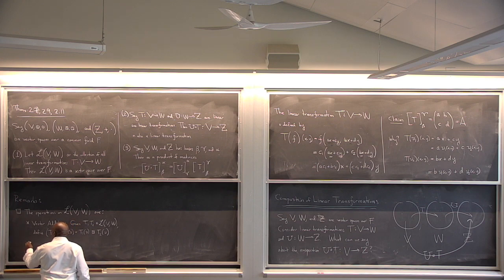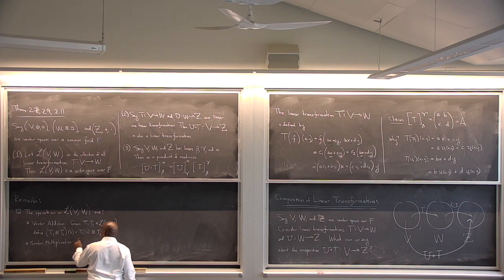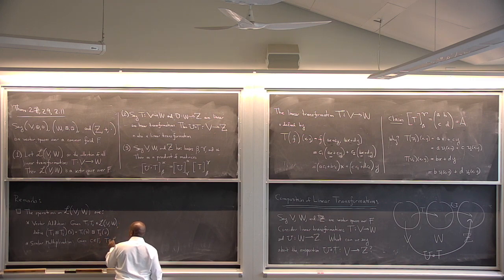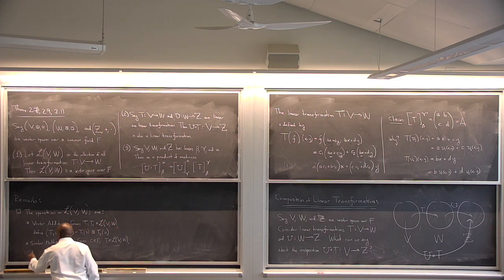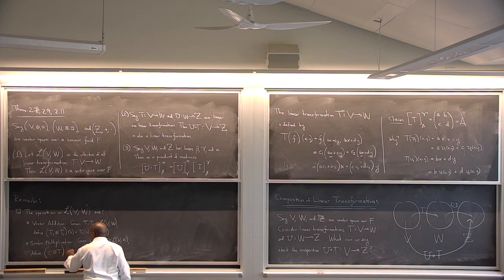Similarly, for scalar multiplication, if we're given, let's say, a scalar C and perhaps a linear transformation T, then let's define this scalar multiple as that linear transformation that takes V to this scalar multiple.